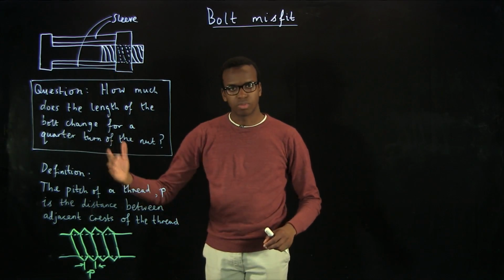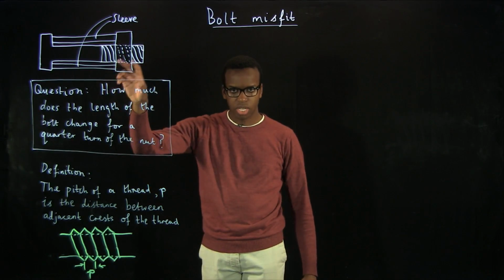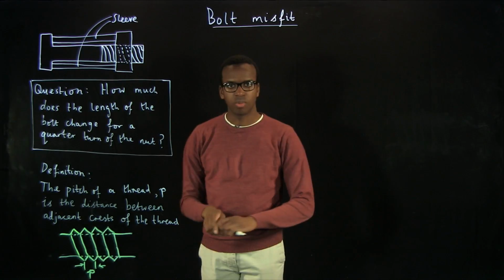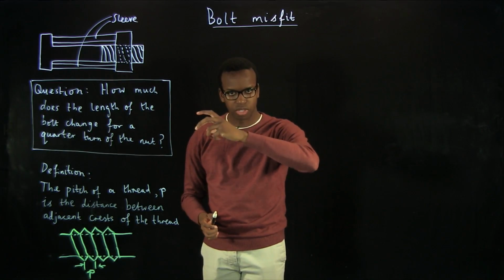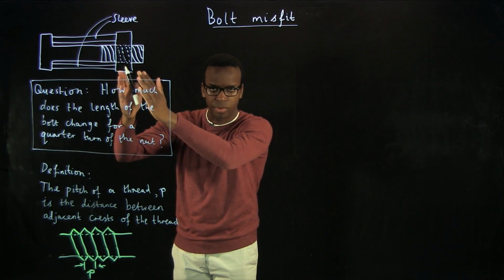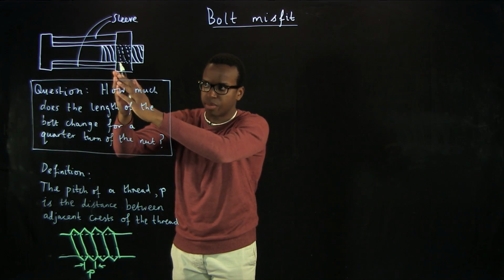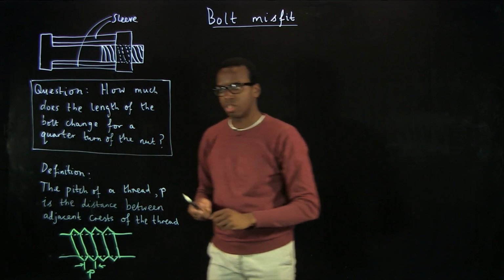And the question ultimately the problem wants you to find is: what is the force in the bolt when you turn the nut a quarter of a turn from the condition where there's no stress in either of them and no separation between the sleeve and the nut? Turn it a quarter of a turn, what's the force in the bolt?